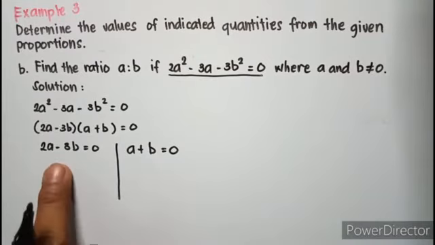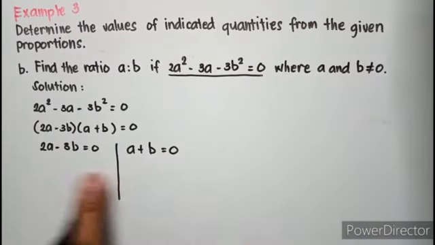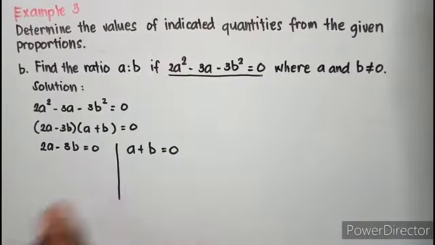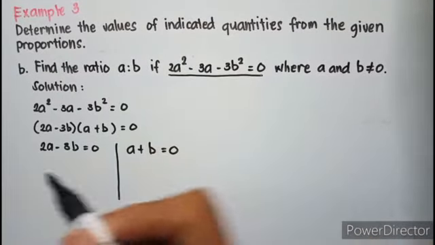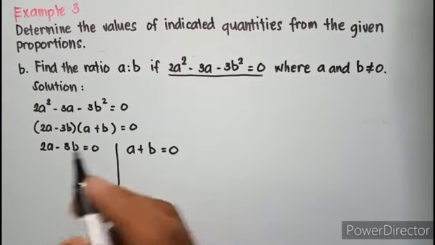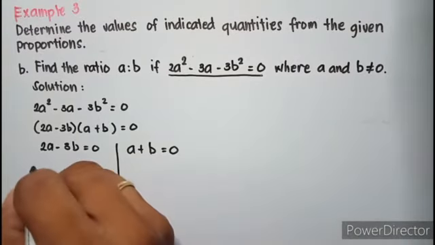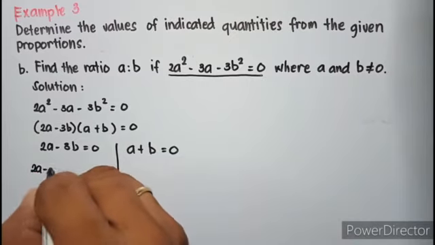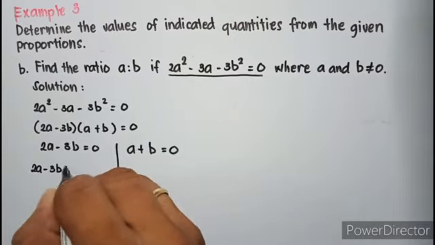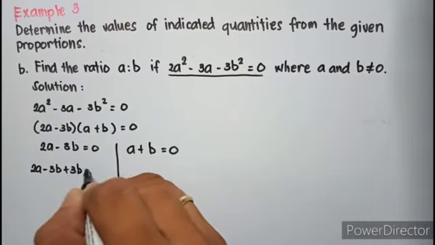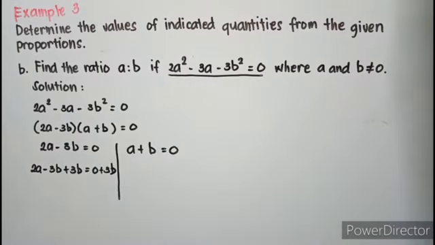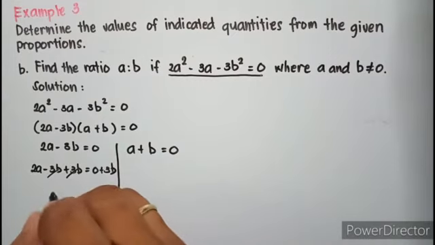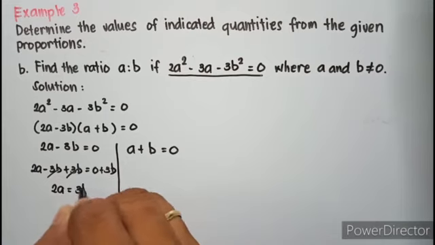So from our factors, we can get the relationship of our ratio. So let's have the relationship with this one. So 2a minus 3b, addition property, plus 3b is equal to 0 plus 3b. Then cancel. So that will become 2a is equal to 3b.